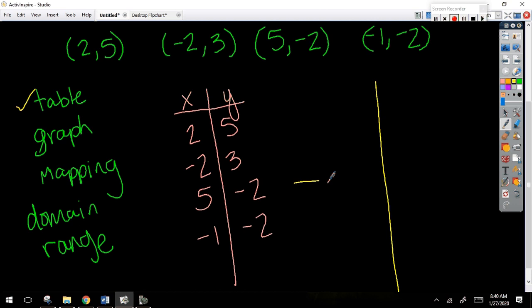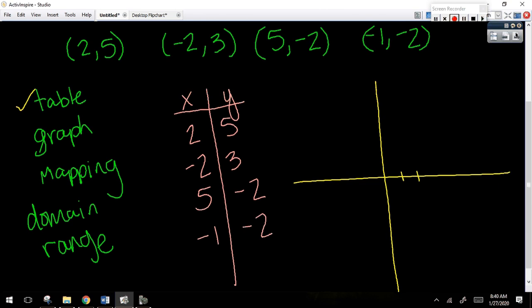Let me make this nice and neat for you. This is X, this is Y. I have 2, 3, 4, 5. So there is 2, 5. Negative 2, 1, 2, 3.